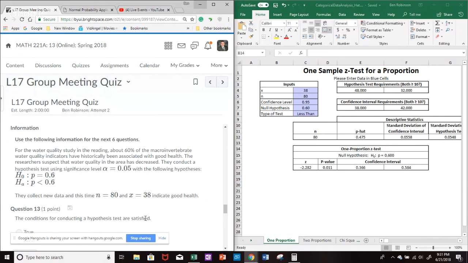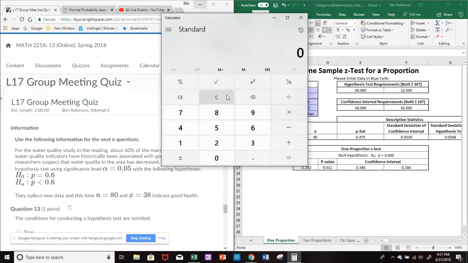Well, I think it is true. Doesn't it have to be no greater than 100? It's N times P is greater than or equal to 10. Right? And so that's 80 times 0.6, 48.